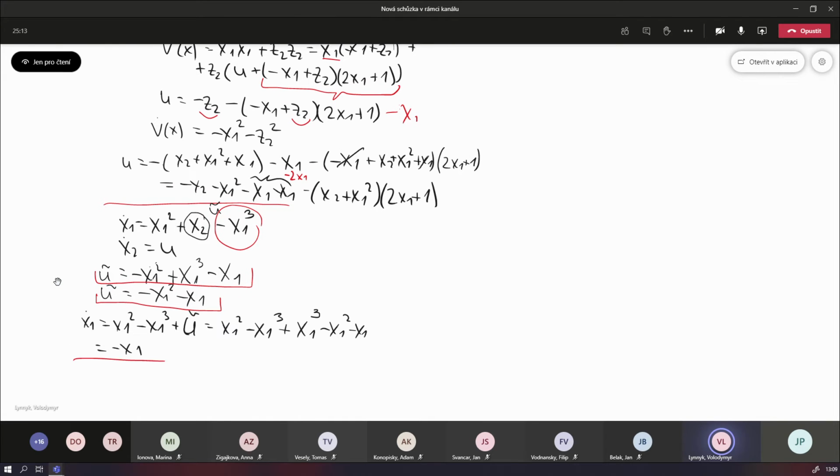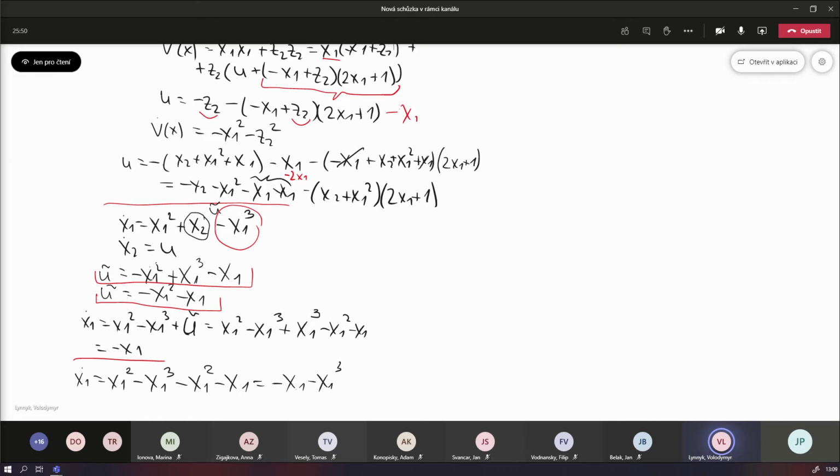When we choose this second, x1 dot equal to x1 squared minus x1 cubed and minus x1 squared minus x1, so equal to minus x1 cubed, and it's practically the same as the previous u wave.